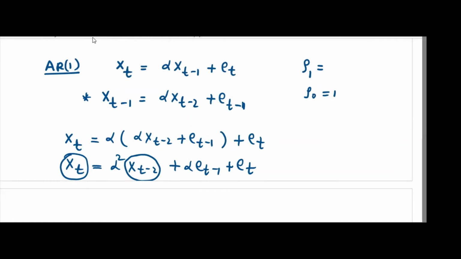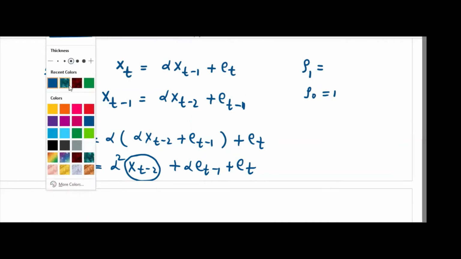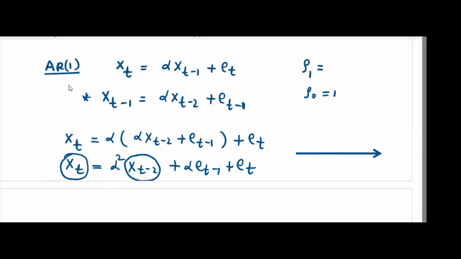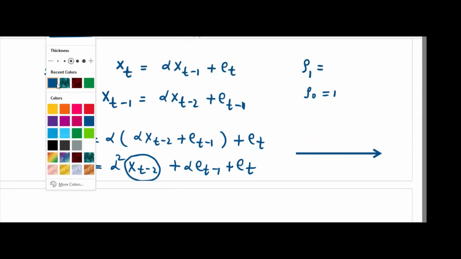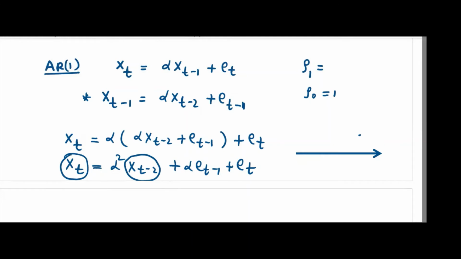So even if you consider AR1 model, there will be a chain of dependency. Suppose you want to find the value here and you think that it will depend through this link, it will depend on this one. Okay, so there is a direct link, this one to this one, this is AR1, right, and this one to this one, direct link. I'm talking about direct link, the autocorrelation.